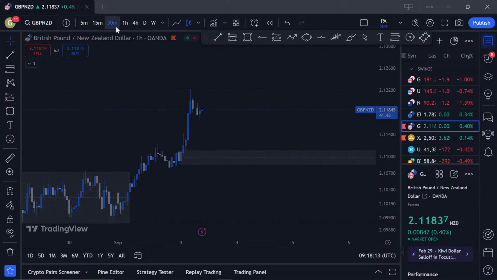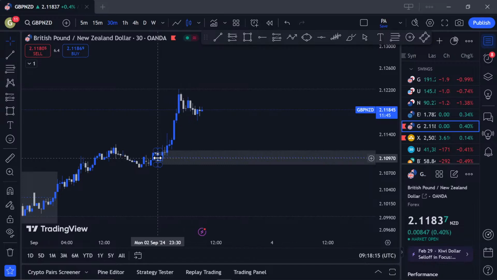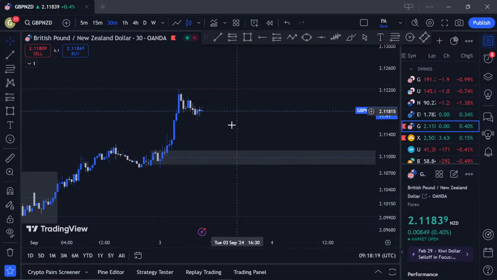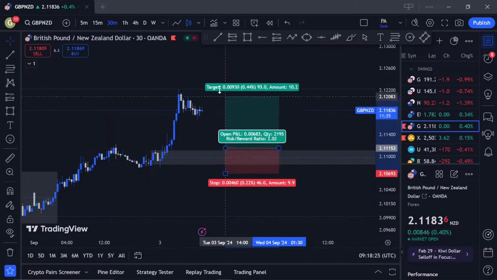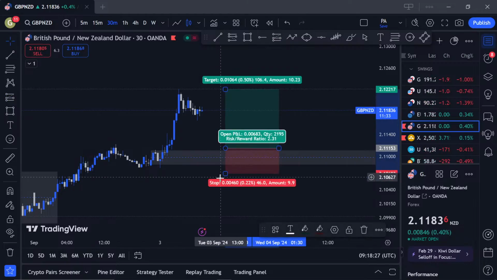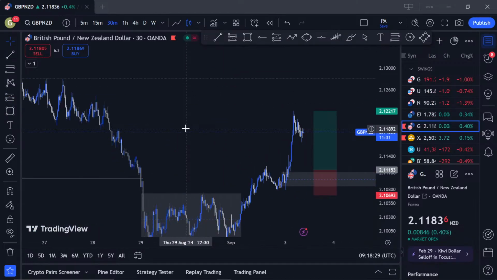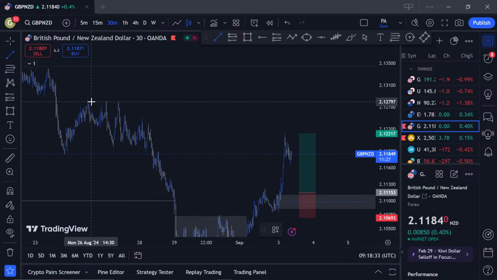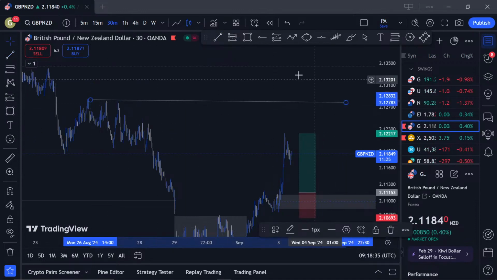So looking at the 30-minute time frame, we'll have a clear demand level here on GBP NZD. So we'll simply wait for a pullback to this level and then we'll take a buy from here. So once the pullback comes here, they give us a 30-minute bullish close. We are going to take a buy from here and target whatever high that the market has created before. So looking at it over here, we'll have a high here.